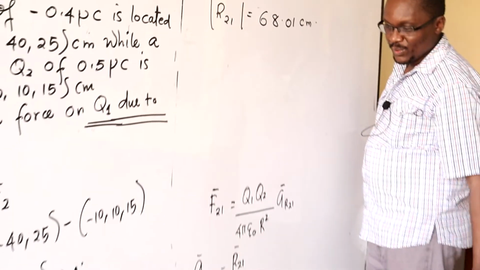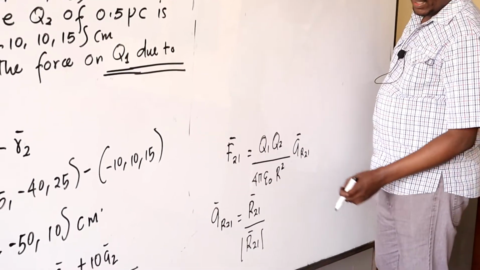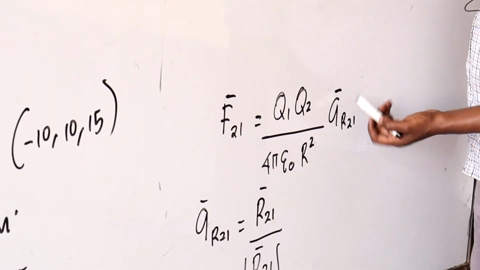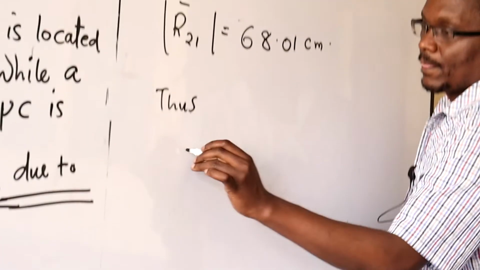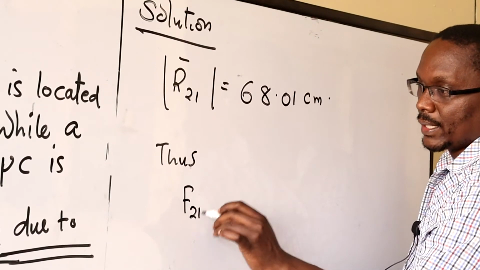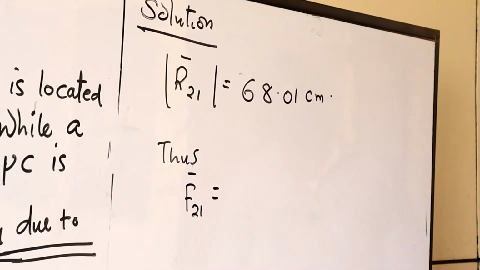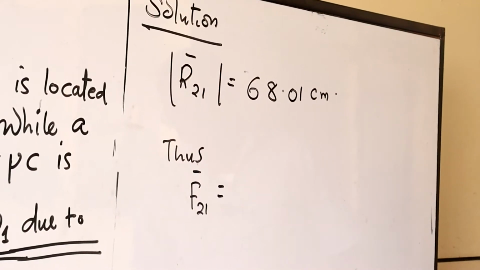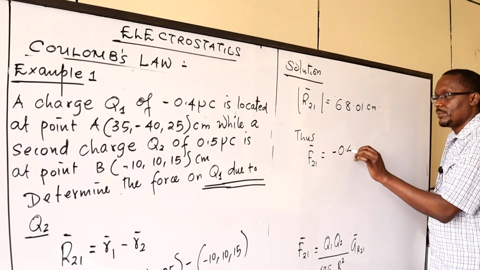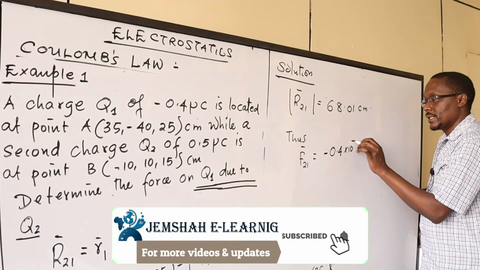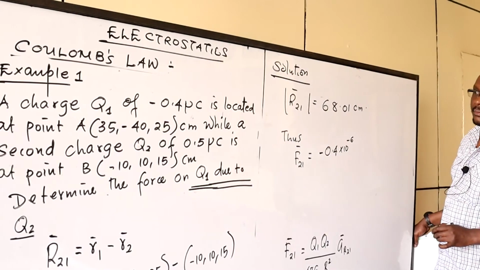We have the value. Now we can put our values into our final formula. We can say that F21 bar will be, we've been given Q1, which was negative 0.4 times 10 to power negative 6. Remember, it is microcoulomb.